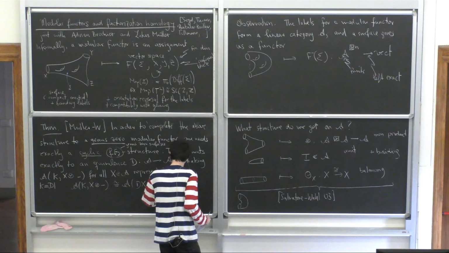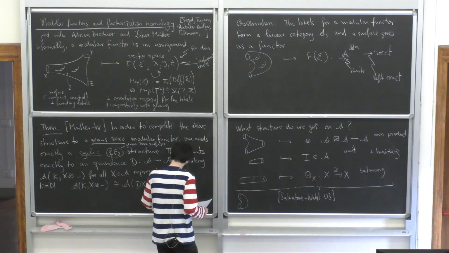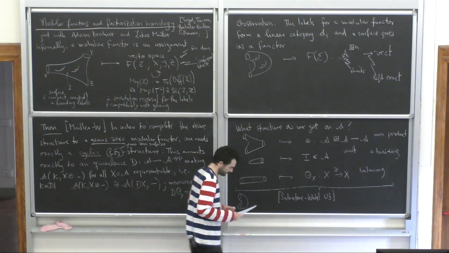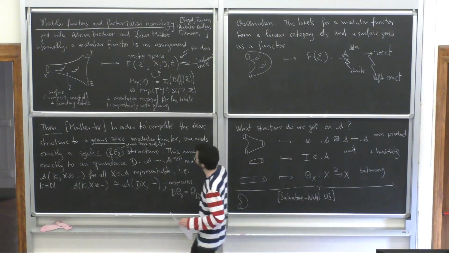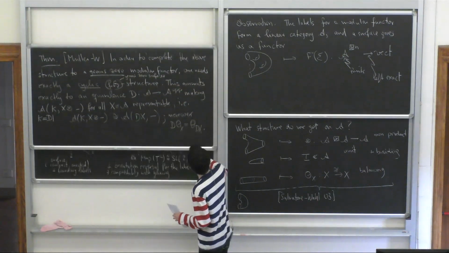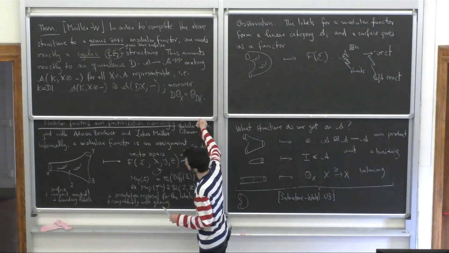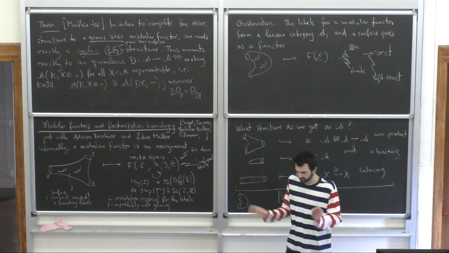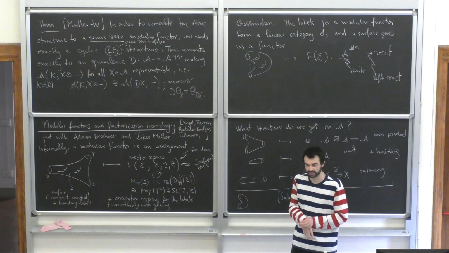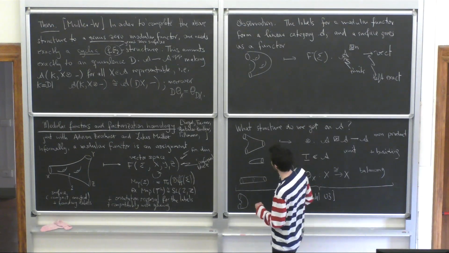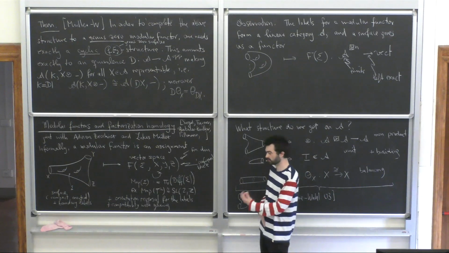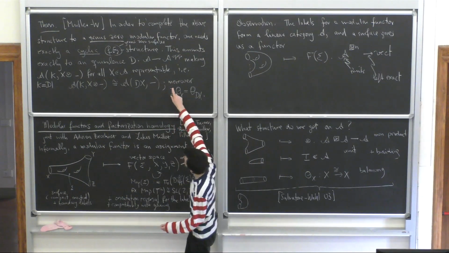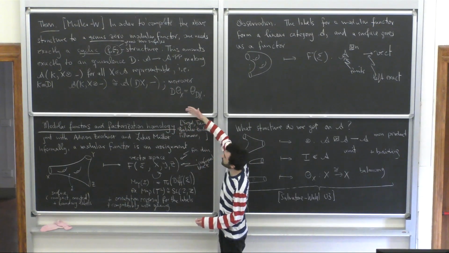And then there's one more thing. D is going to be compatible with the balancing. Yeah, so when you build modular functors or TFTs from these categories, then whatever you start with is typically rigid. For most people, tensor category, as opposed to just monoidal category, means in particular that it's rigid. So if you see that there is now this anti-equivalence of A, then maybe the guess would be that that's the rigidity.